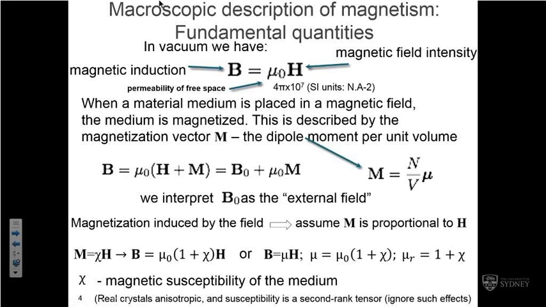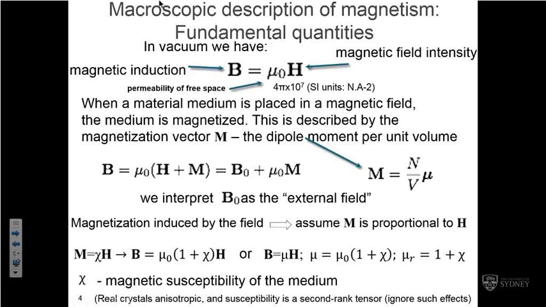The magnetization is equal to the susceptibility, which is a property of that particular material, times the applied magnetic field here. And we end up defining a relative susceptibility being equal to 1 plus the susceptibility here, multiplied by mu b, the Bohr magneton.